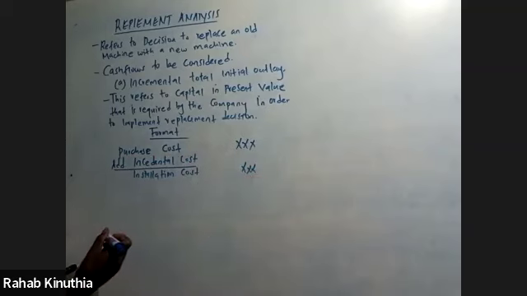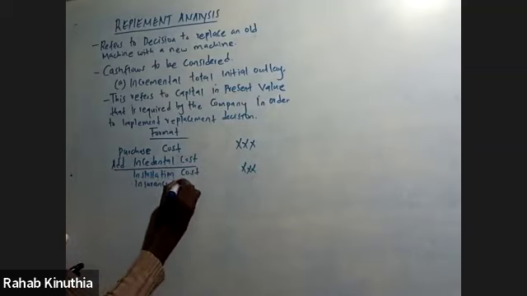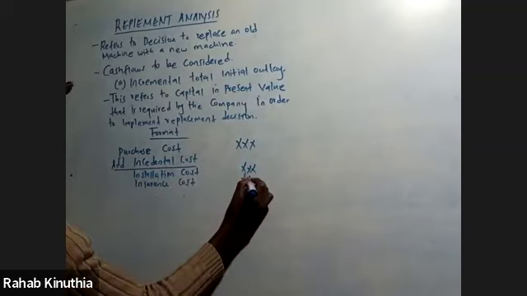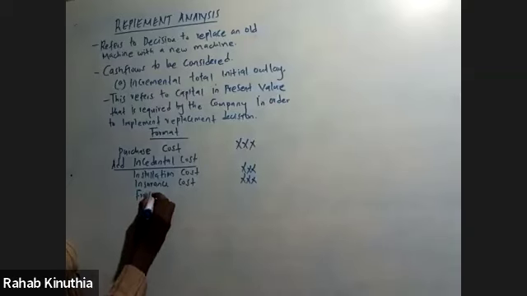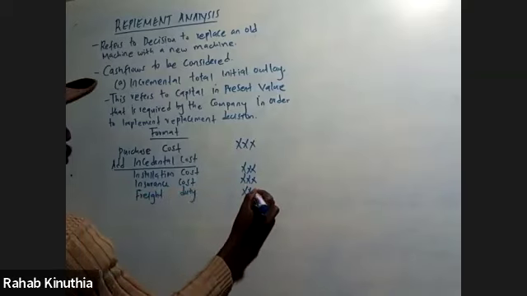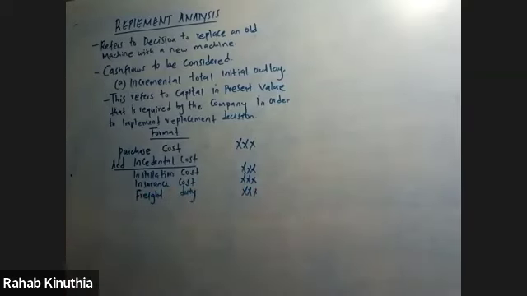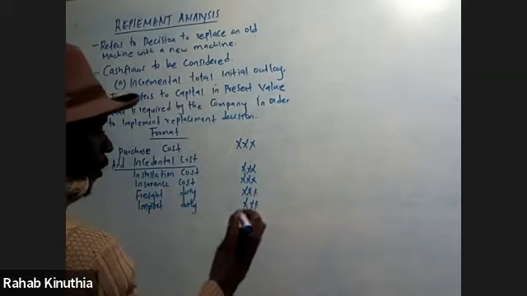We can also have insurance cost, freight, duty. So when we talk about incidental costs, these are the costs which are incurred even before the machine is in use. So freight cost, import duty.